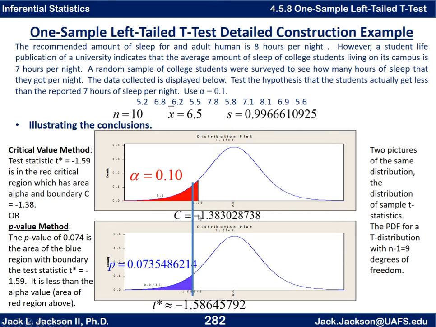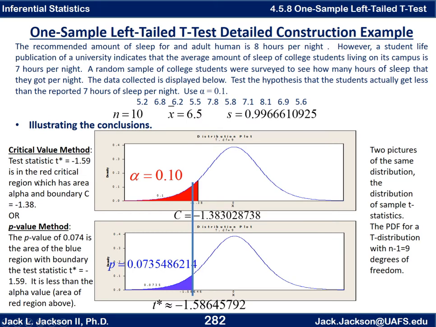That's the C value. Everything to the left of that is the critical region. Down here we have the boundary of this region down here is your test statistic T star. So T star is negative 1.58 something. That's the boundary value right here. Anything to the left of that is shaded blue. And so that blue area is actually equivalent to the p-value.